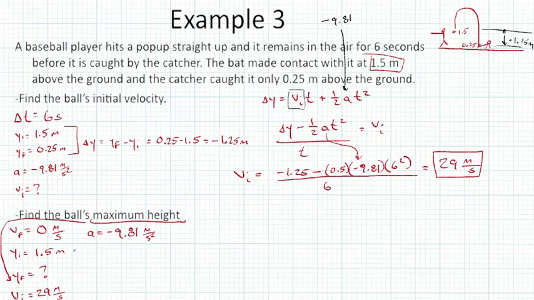And the answer is not with the equations that we have. We have to use what we know about the initial velocity as well, because the equation we're going to use is Vf squared equals initial velocity squared plus 2a, and instead of x, I'm going to put y.